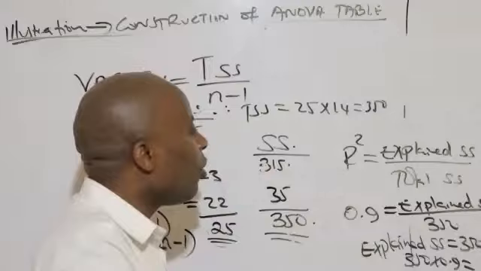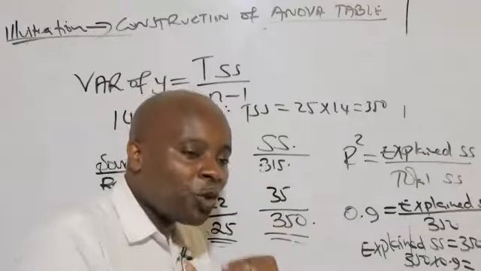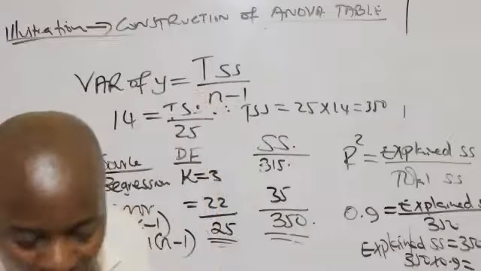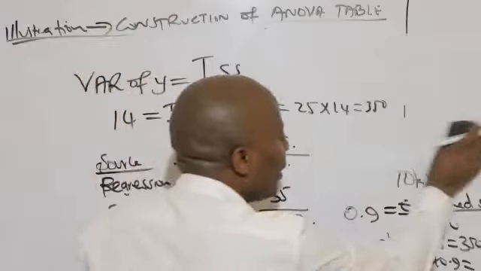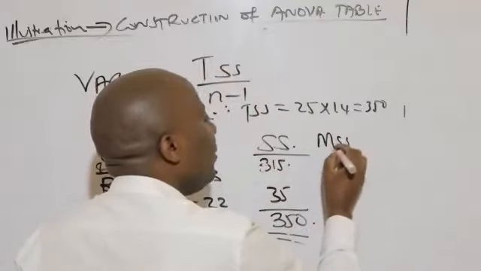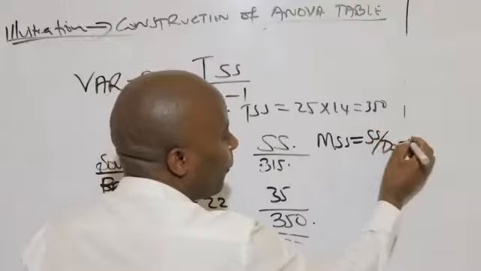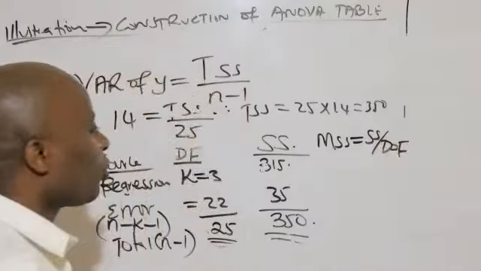Of course, in the ANOVA table, after you give me the SS, the next thing will be for me to average that. The next thing will be to give you the mean sum of squares. So this will be SS divided by the DOF, the degrees of freedom.